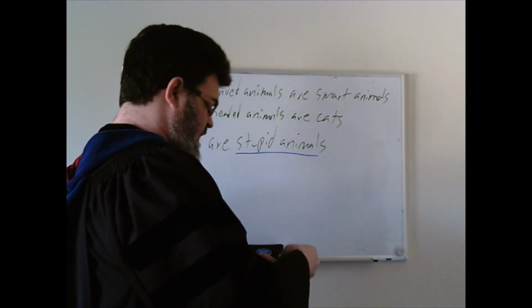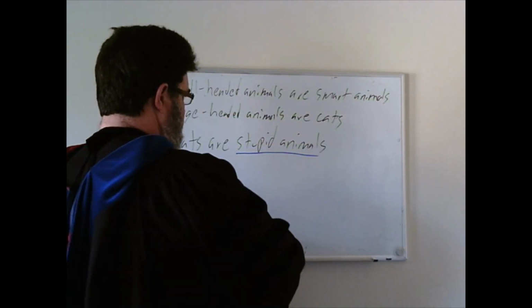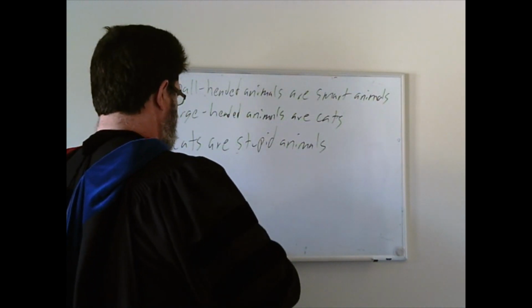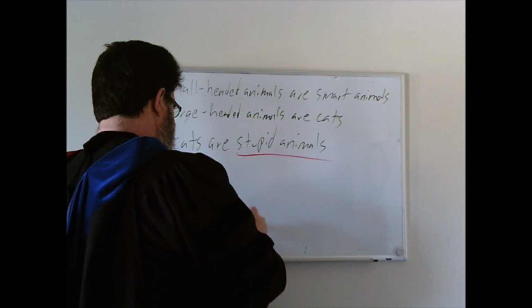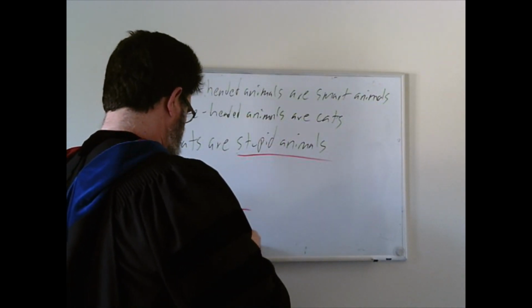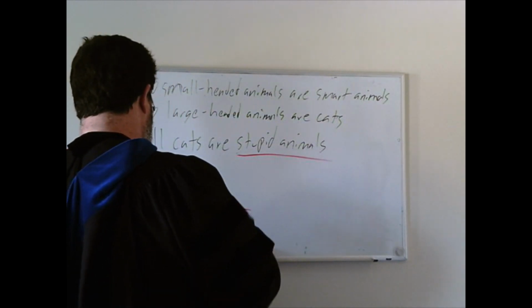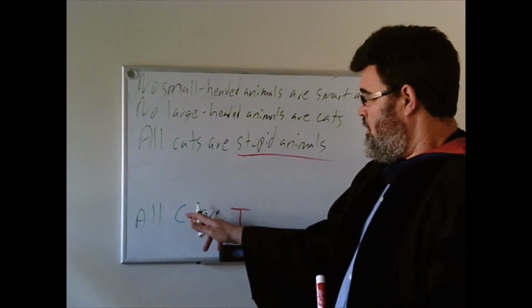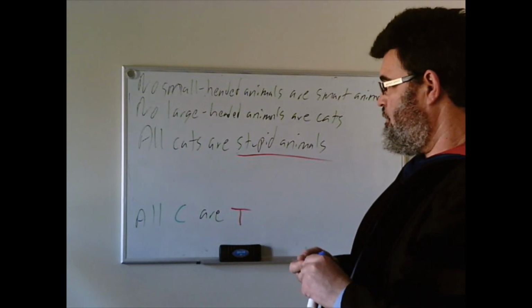If I remember correctly, no, blue was the middle term color. I'm sorry, I think red was the major term. Okay, so I'm going to use T for stupid animals, and I'm going to use C for cat, because cat is the minor term and C works well enough there.